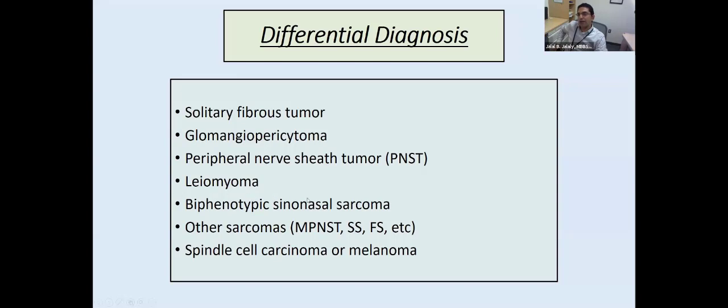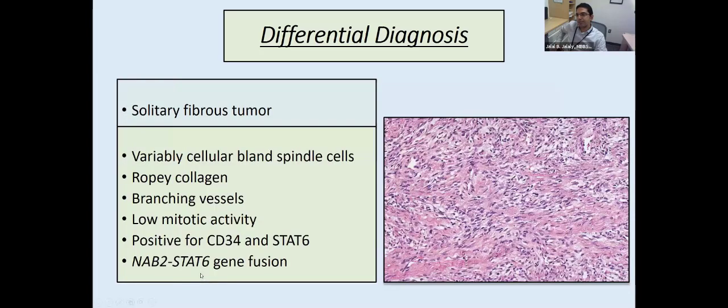And then another very unique tumor that affects the sinuses is the biphenotypic sinonasal sarcoma, so that certainly is a possibility. Other sarcomas are less likely in this location, but should be entertained. And whenever you're thinking about head and neck lesions, you should always think about spindle cell carcinoma or melanoma. So let's tackle these one by one.